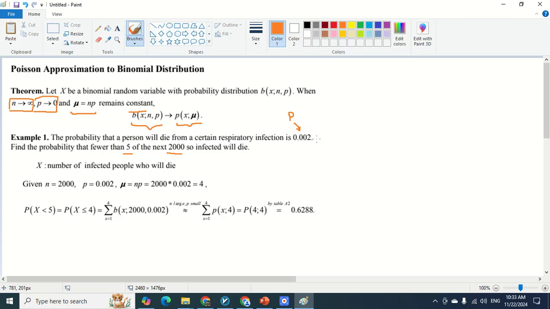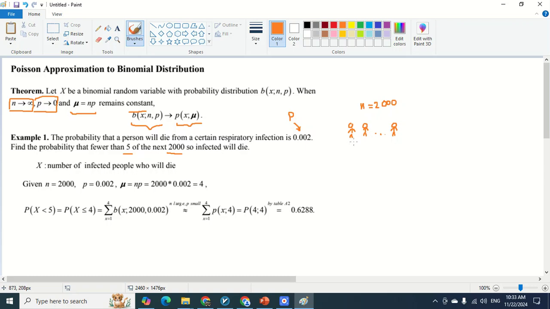We can put the people in a sequence or in a queue over here. So we have 2,000 of them in a queue, meaning the number of trials n is equal to 2,000. So the small n over here is 2,000, and the probability of passing away is constant for all of them.